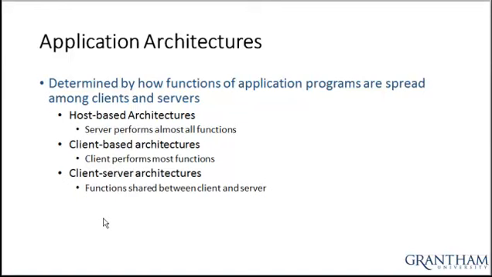The idea here is to balance the processing between the client and the server by having both do some logic or some processing. This is the most common type of architecture that we have with most local area networks.